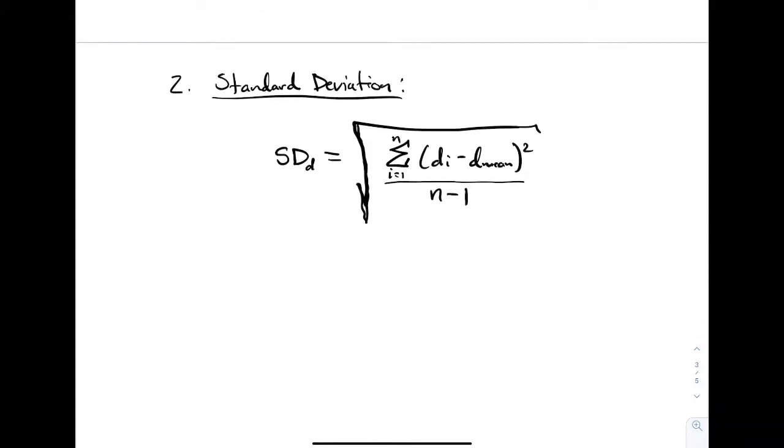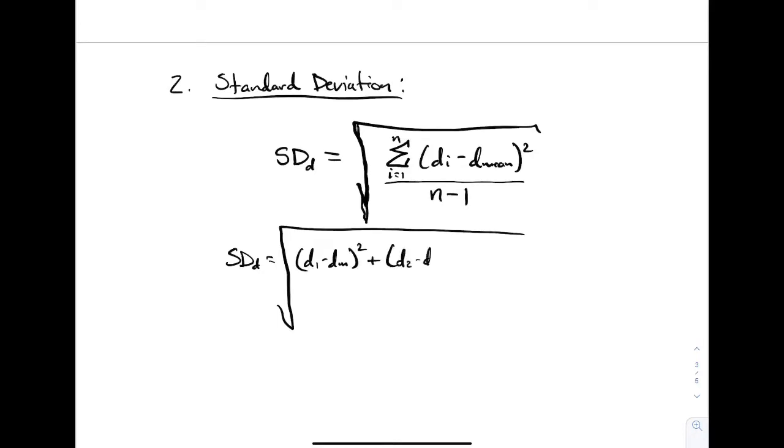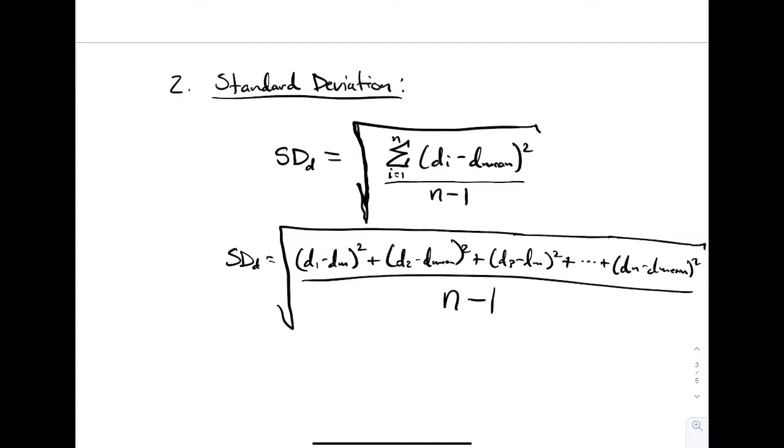Now we could, of course, write this with dot notation just to get you all thinking this way. So this would be d1 minus d mean squared plus d2 minus d mean squared plus d3 minus d mean squared, and then we would use dot notation and dn minus d mean, and that's all divided by n minus 1.